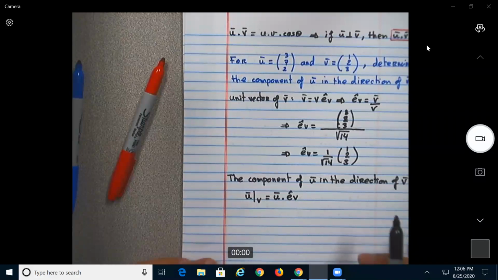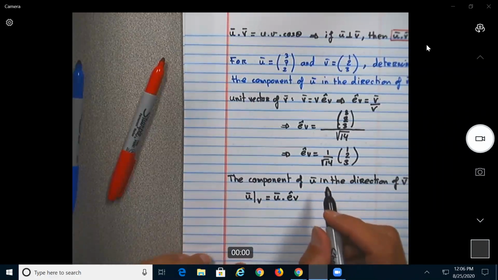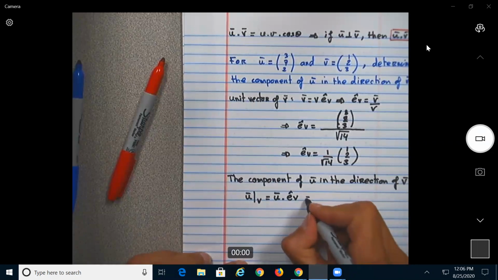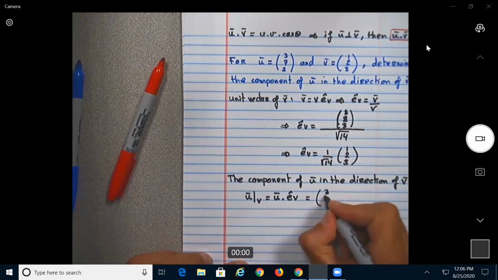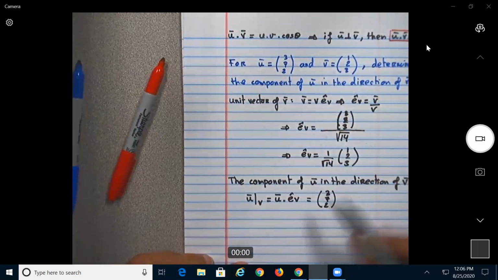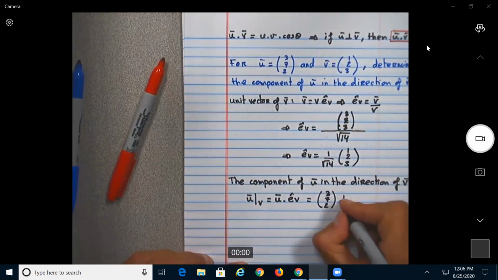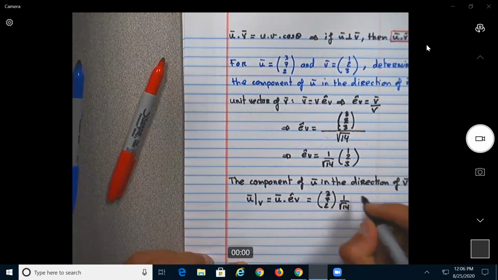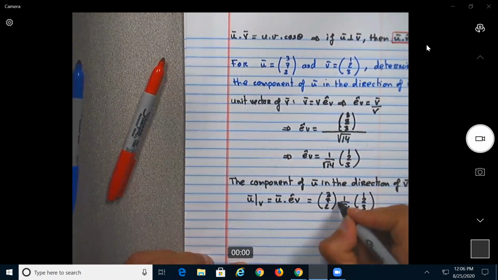So what would that give us? U we said is 3, 7, 2, from the top, and the unit vector will be 1 over square root of 14 times (1, 2, 3). I put the dot product over here.